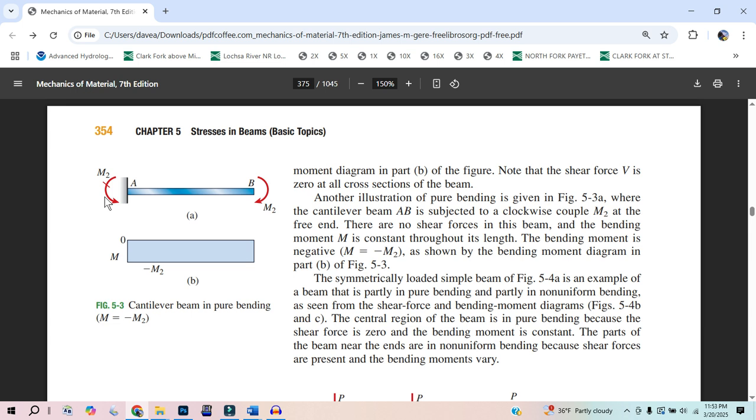I've got to get better with my terminology. This moment with a line through it, I think, is the definition of the reaction at A, which is different than slicing a segment of this beam and finding the internal components of it.